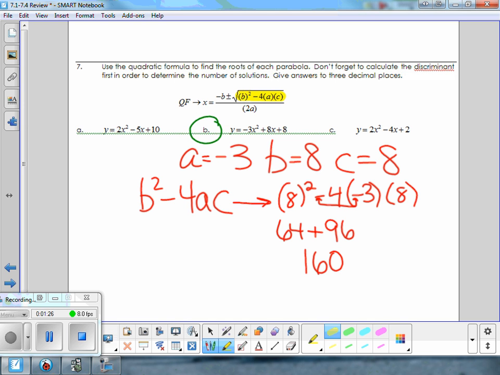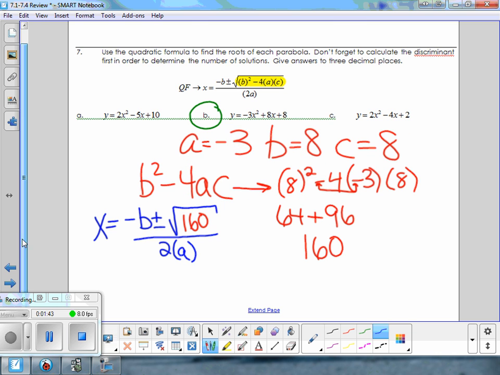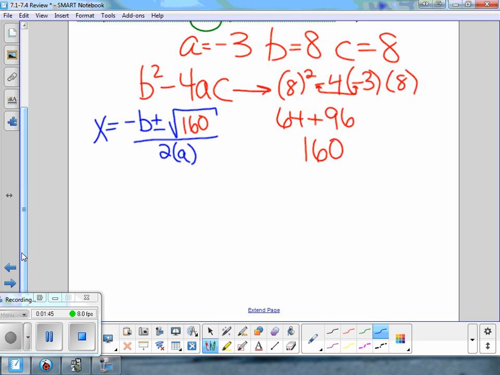So here we go. We're going to continue with the quadratic formula. We need the opposite of B, plus and minus the square root of, we now know that that is 160, divided by double A. So first we need the opposite of our B. Since the B is 8, we're going to put negative 8 there.